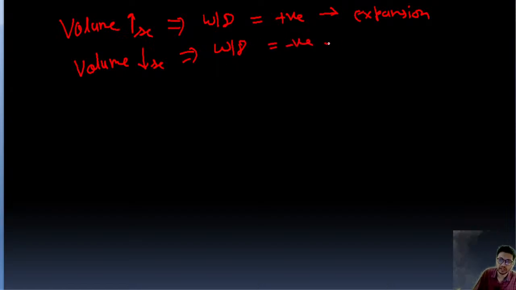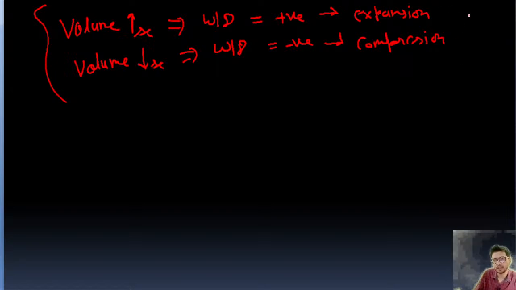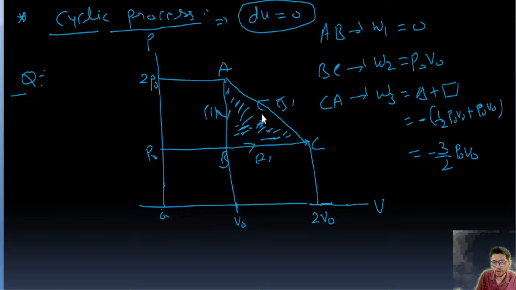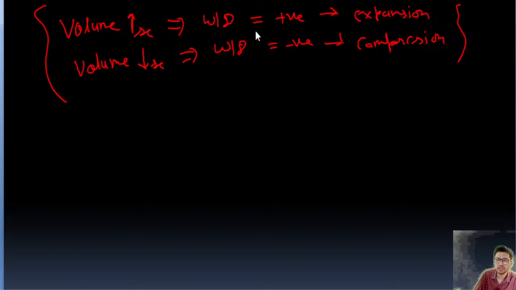If volume is decreasing, that is called compression. Very important, you need to note down. These points are very important in thermodynamics. So in this case, why have we taken minus? Because we are going from C to A and the volume is decreasing. Here the volume was 2 V naught, and when we reach A, the volume decreased by V naught. Only volume V naught remains. So because volume is decreasing, the sign will be minus. Volume increases, work done is positive, and that is called expansion. Volume decreases, work done is negative, and that is called compression.